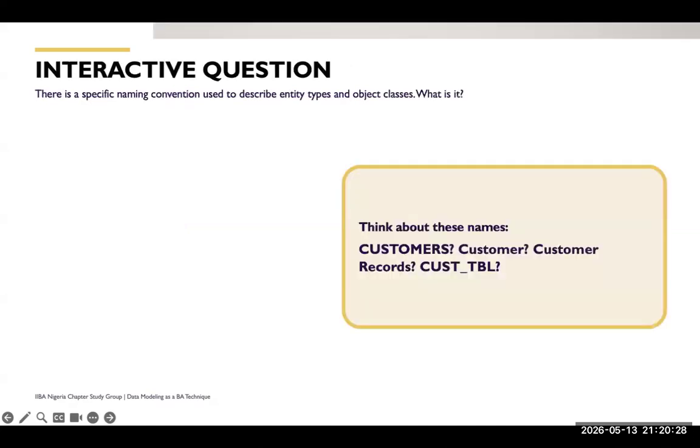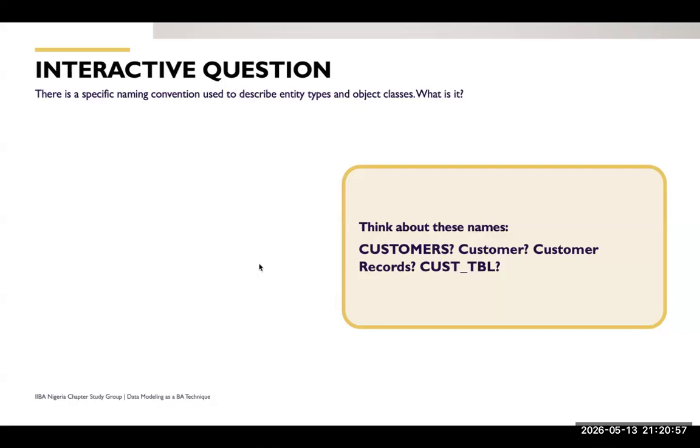Now, in this discussion, there's a specific naming convention that we've been using to describe entity types and things like that. Can someone tell me what it is? What's that specific naming convention that we've been using in this discussion? It's not a trick question.